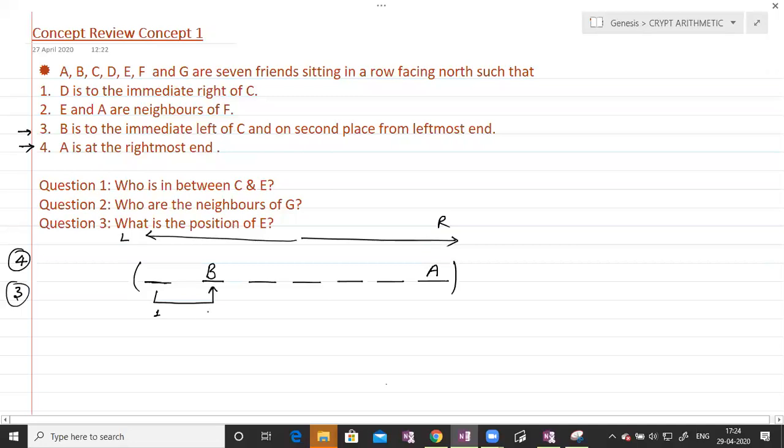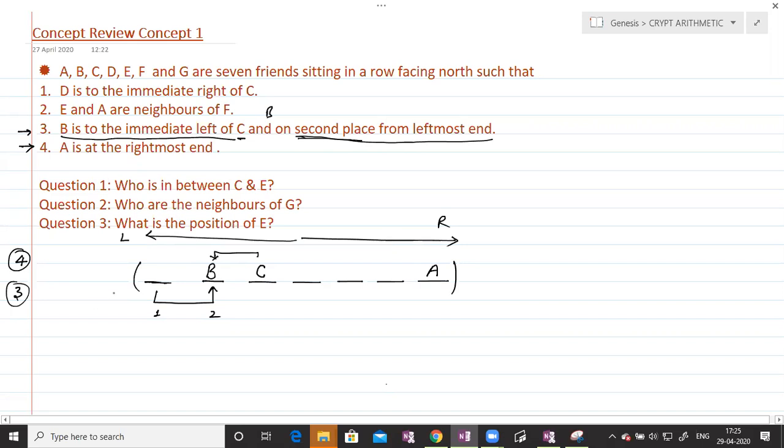Then where could C be? Of course, C must be here, because B is the immediate left of C and B is sitting on the second place from the leftmost. So C must be here because B must be left of C.